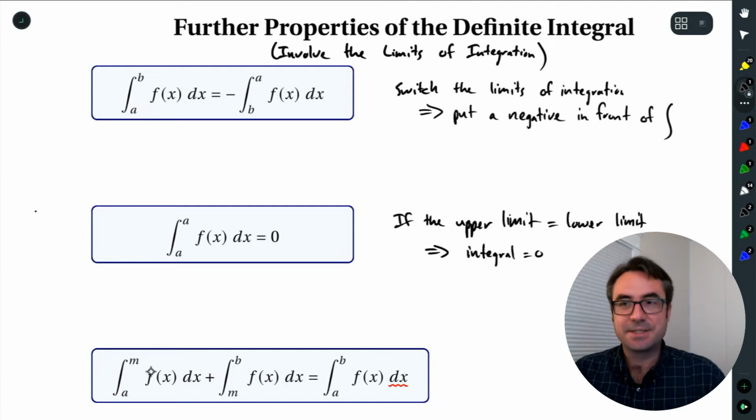But what this says is if we integrate our function f of x from a to m, and then we integrate our function f of x from m to b, and we're adding these together, we can consolidate these into one definite integral where we integrate our function f of x from a to b directly.